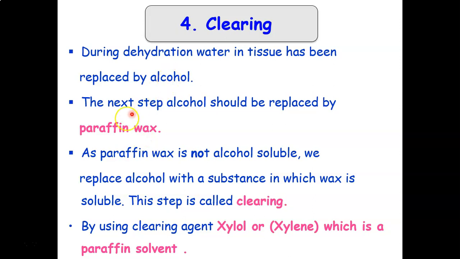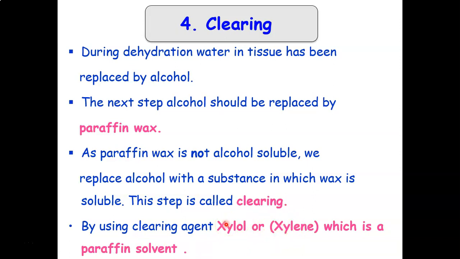This magic substance is the xylol or xylene, and this step we call clearing, as the xylol or xylene replaces the alcohol and the paraffin will replace the xylene.